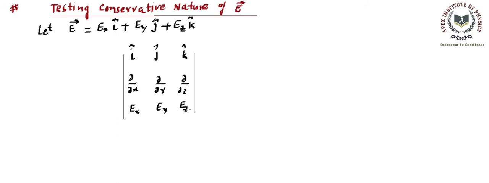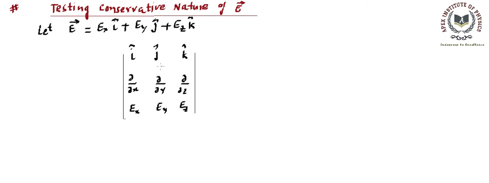And by using the rules of opening this determinant, we will find out what this value is going to be. Now, we will find this determinant, and let's say we can call it del cross v, or let's not write that complicated expression.